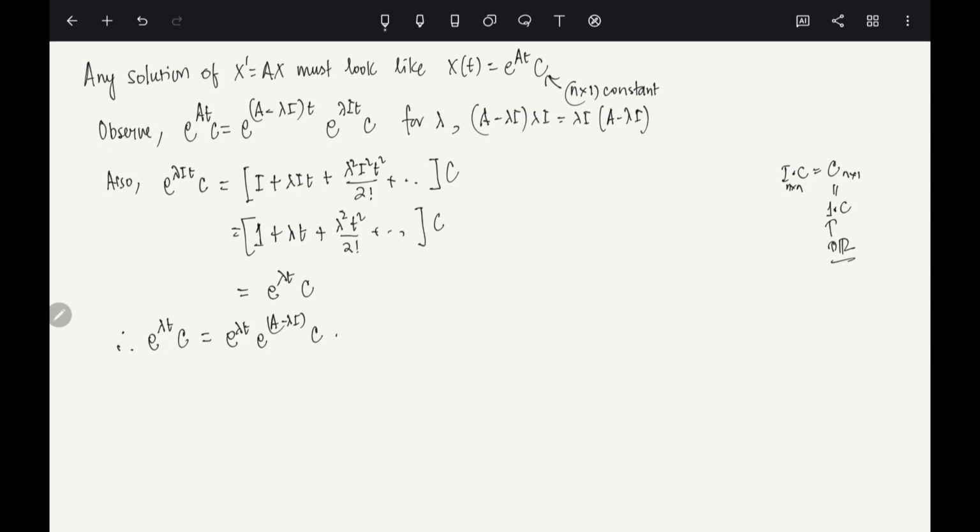Now a crucial observation is this. What is it?